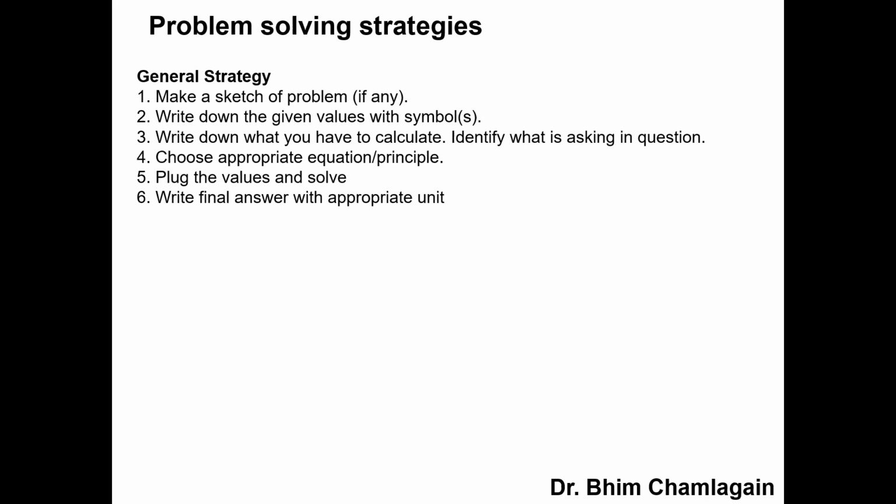Sometimes you use just a principle, sometimes a concept, sometimes an equation. Plug in the given values and solve for the unknown value. And finally, write the answer again with the appropriate unit. Don't forget to write the unit, because as I discussed earlier, if you write some length as 1, it doesn't make any sense.